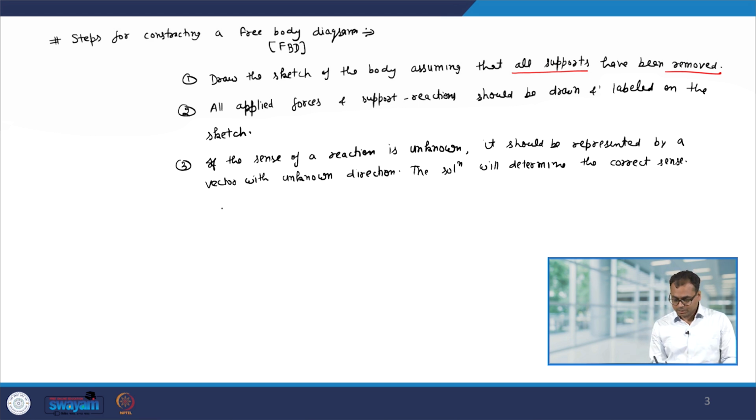Now, if our result is positive, that means the indicated sense or the indicated direction that we have taken, that is correct.